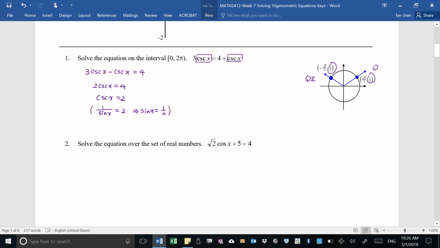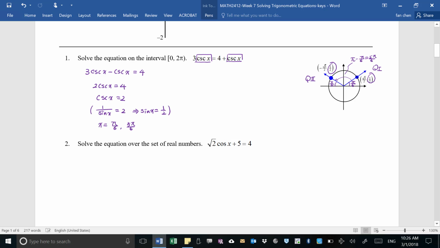If you remember the special angle, sine of pi 6 is 1/2. So it's pi 6, and the reference angle is pi 6, which means the other angle is pi minus pi 6, which is 5 pi 6 right here. Therefore, x is equal to pi 6 or 5 pi 6.